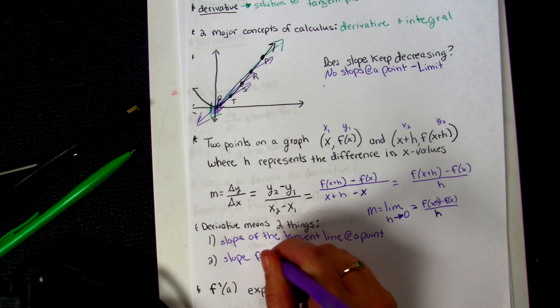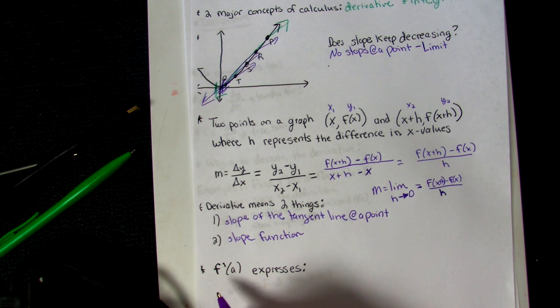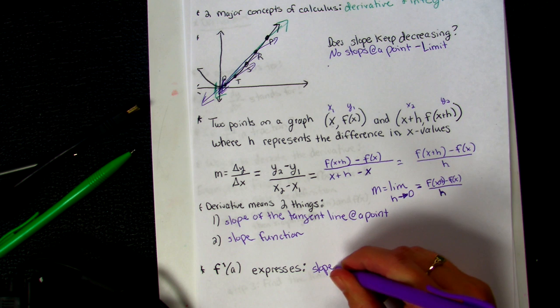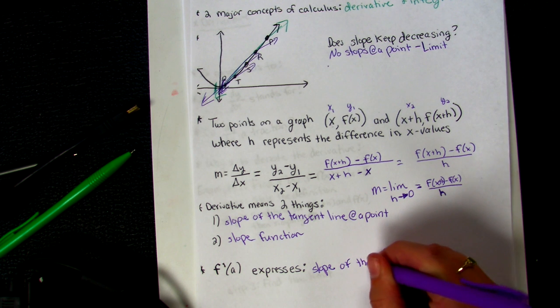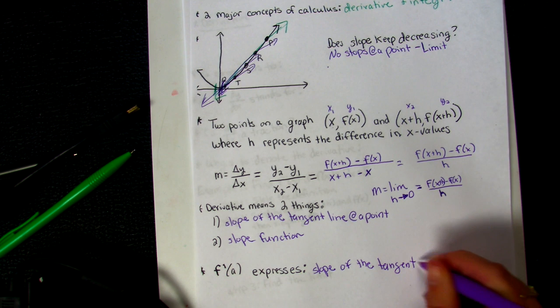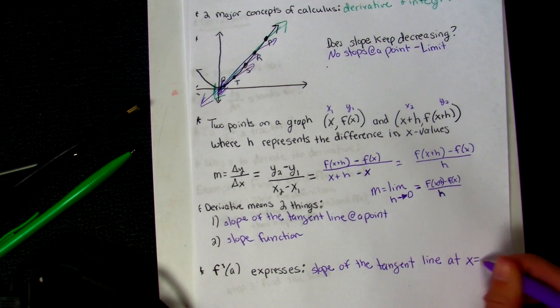So for example, when we're talking about the slope of the tangent line at a point, we would say the derivative of f of a means that you have the slope of the tangent line at x equals a.